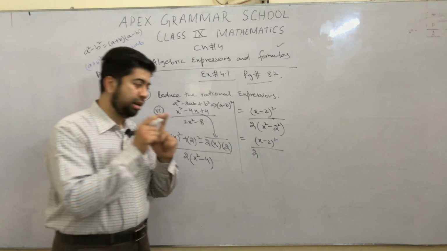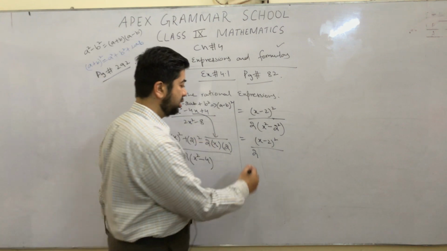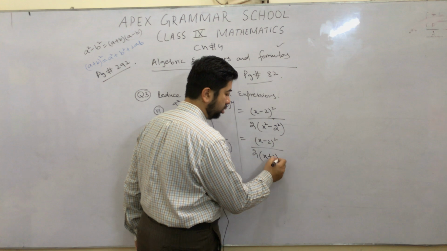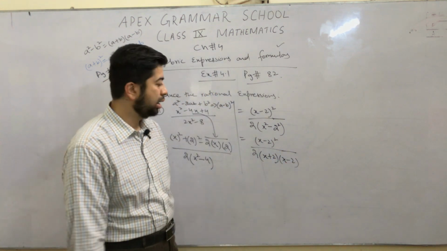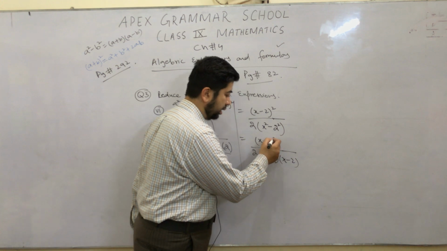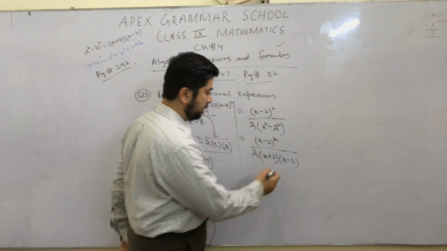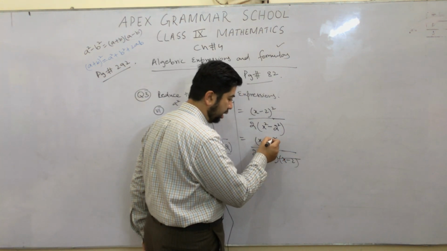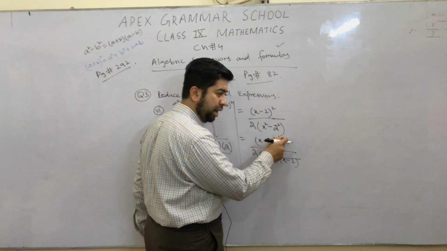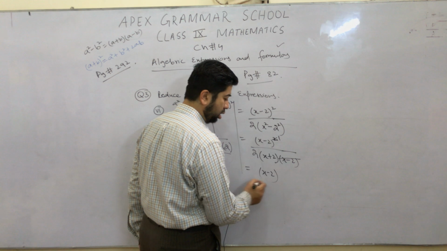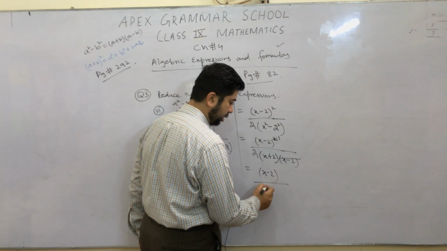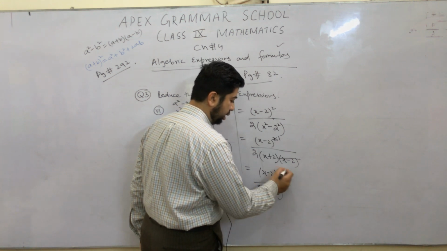So you can now write it in the form of the formula, that is x plus 2 into x minus 2. Can we cancel anything? Yes, x minus 2 cancels. So 2 becomes 1. So x minus 2 raised to power 1 divided by x plus 2. And that's it.